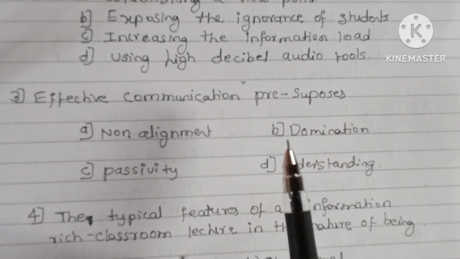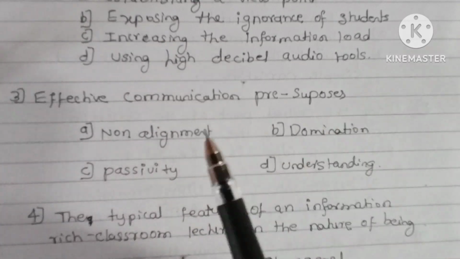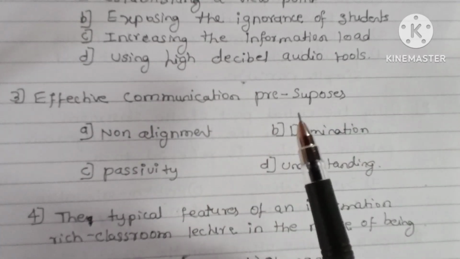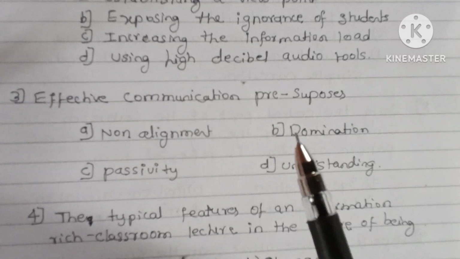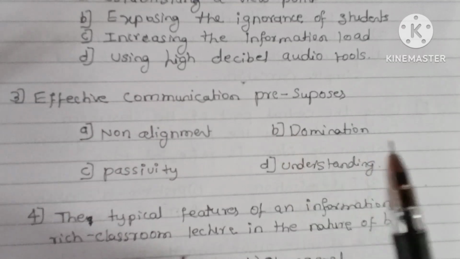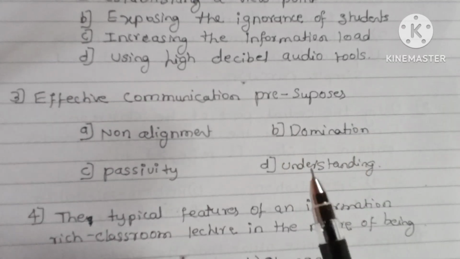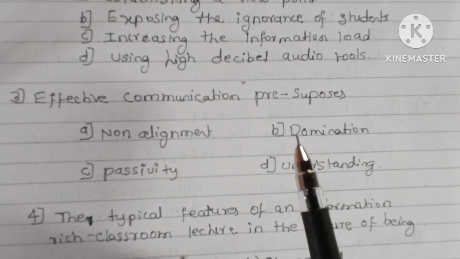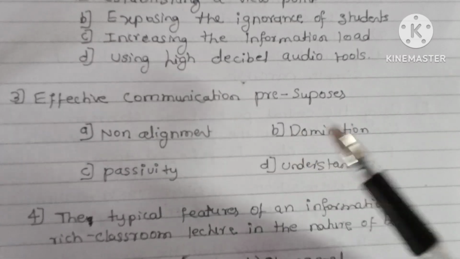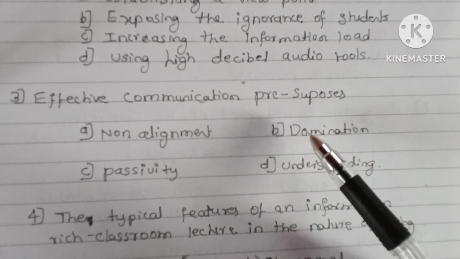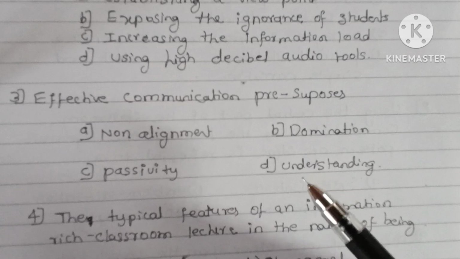A sense of better understanding from both sides stimulates the process of communication and makes it very effective. And also it is important to understand how the process of communication works.